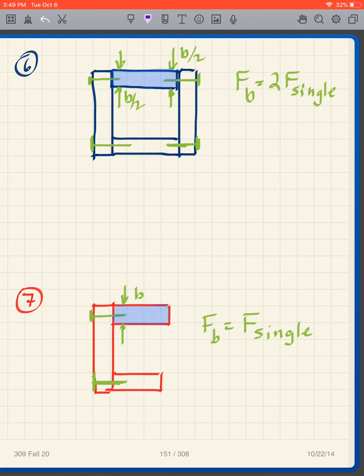I'm doing the same thing, but I don't have the piece over here. So how do I handle it? Well, it's got to be similar to this in a sense. So there's my B. Notice there is my B. And I only have a single bolt, so my FB would be the single bolt. I wouldn't double it like I've done here.